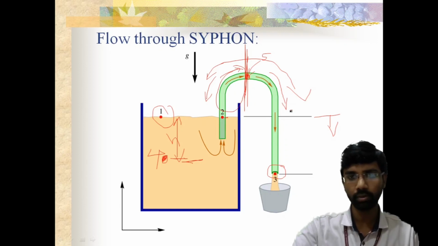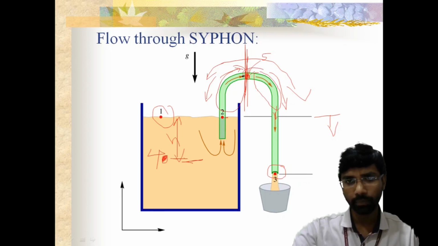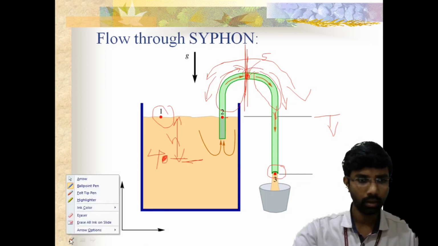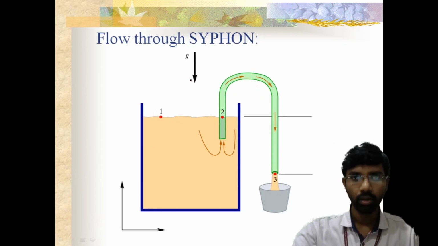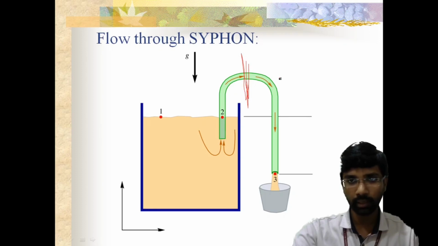Why? Let us assume this portion came downwards. Obviously there is a gap. Let this be your apex point. Whenever the fluid in the right side portion comes downwards, let us assume that the left side portion is not coming.